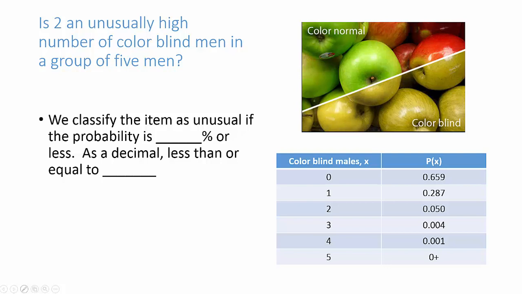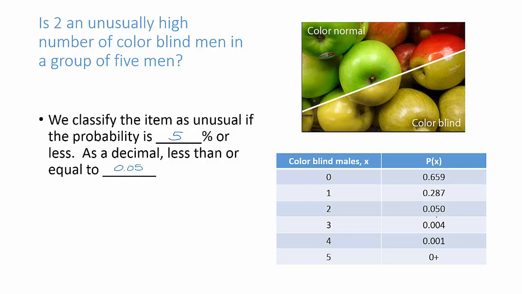So in that first blank, we'll put 5% or less. As a decimal, we would be looking for something less than or equal to 0.05 for the probability. So when we look at 2, its probability is exactly 0.05.